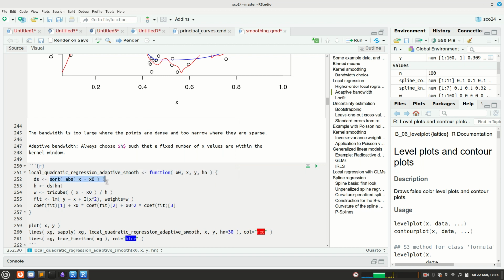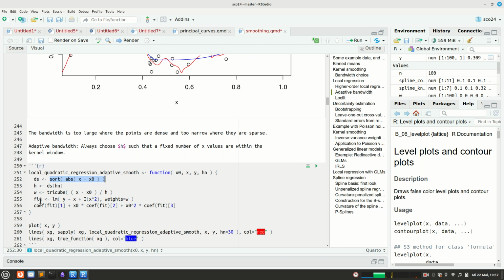So I have them now sorted by distance. And then I ask, what is the 30th smallest distance? And obviously, if I choose the 30th smallest distance as the kernel width, then the support of the kernel will cover exactly 30 data points.